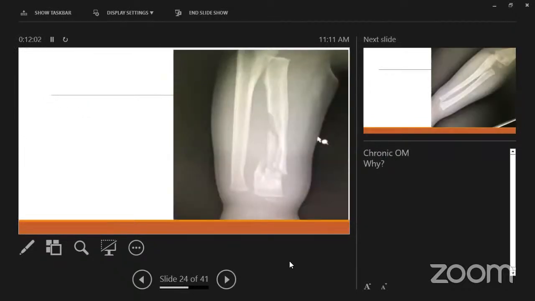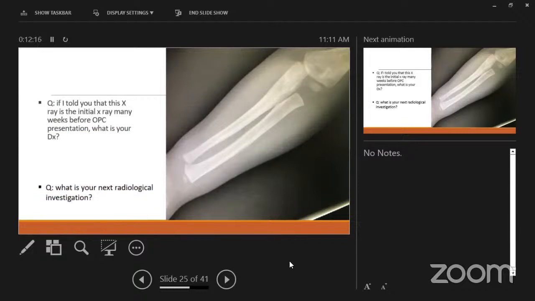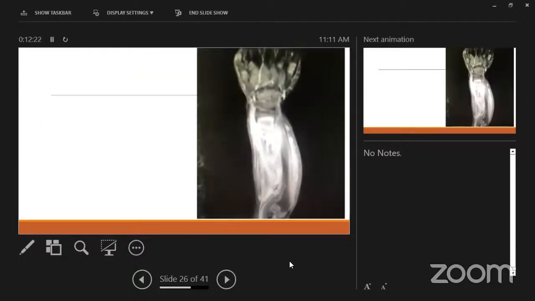Another case. This is a late presentation in the shaft of the radius. You can see there's a destructed bone. This is the previous X-ray, just a few months before that. So you can imagine the disastrous consequence of the osteomyelitis.